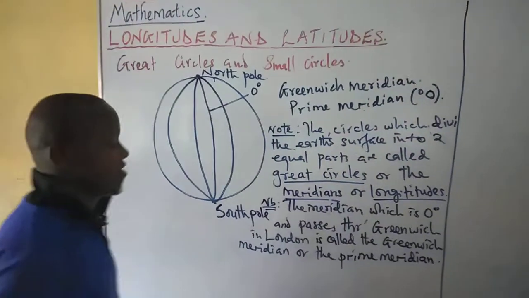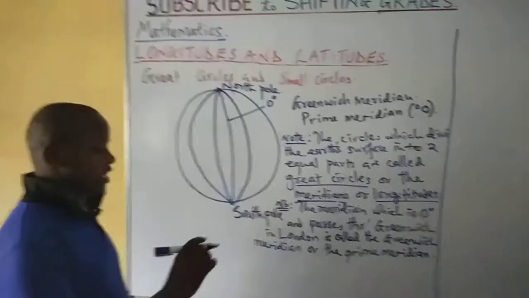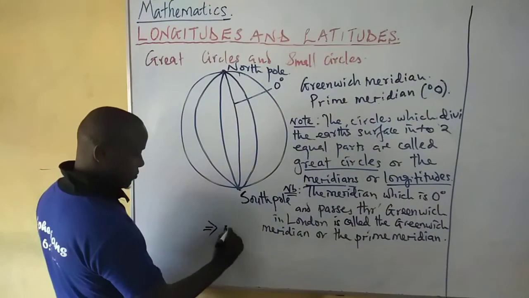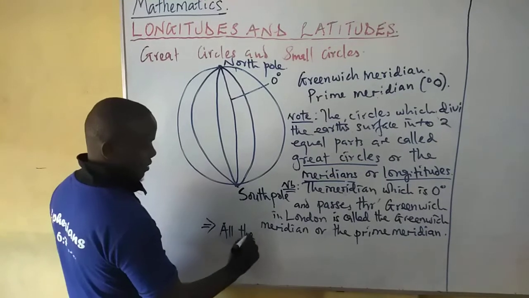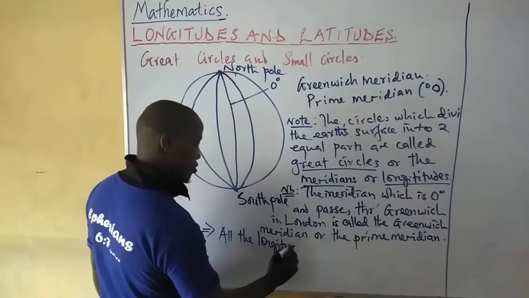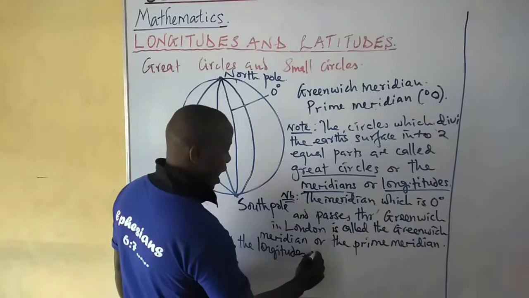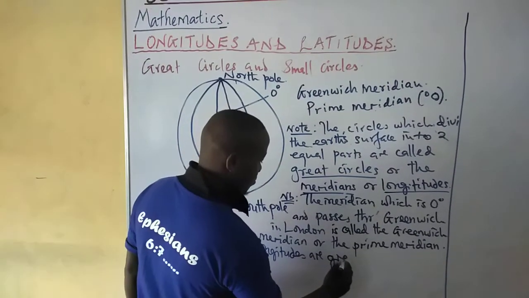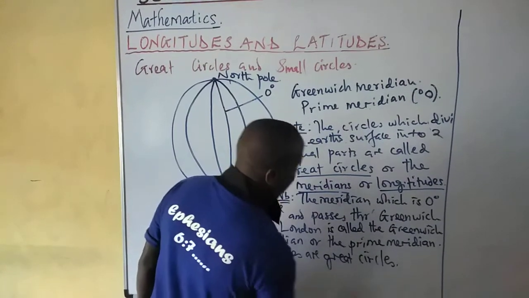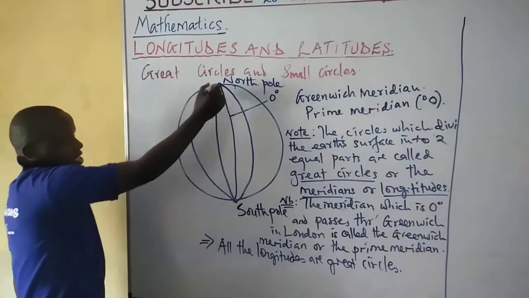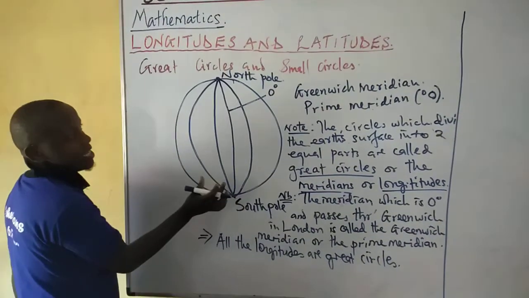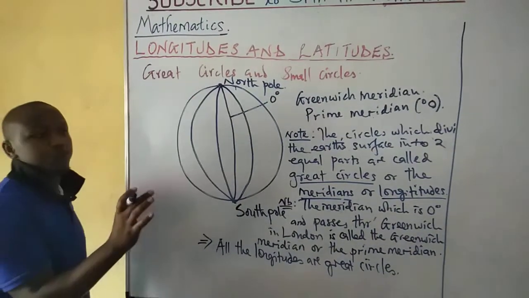The prime meridian. Therefore, it is important to note that all the longitudes are great circles. All the longitudes are great circles because they all cut from the North Pole to the South Pole, dividing the Earth's sphere into two.